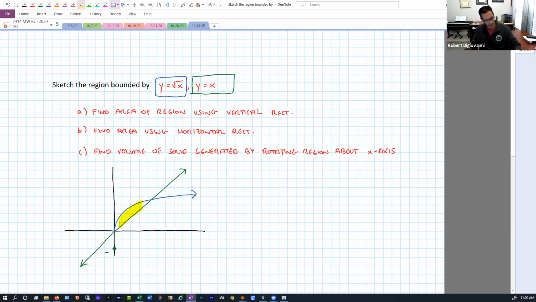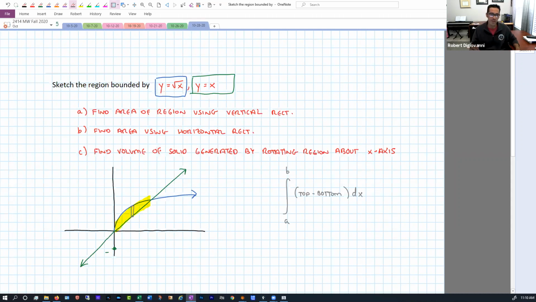So here's our region. And what we would like to do is find the area of it using vertical rectangles first. If you're using vertical rectangles, then you know you have to use the formula that goes integral a to b, top minus bottom, dx.